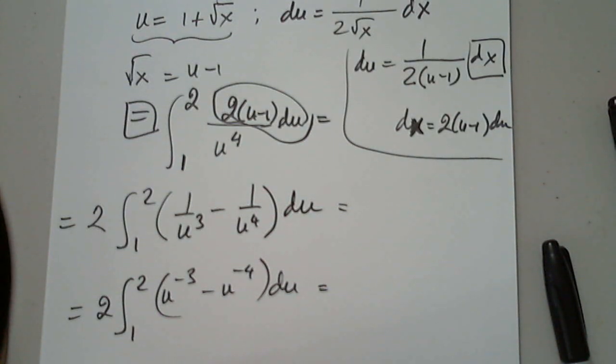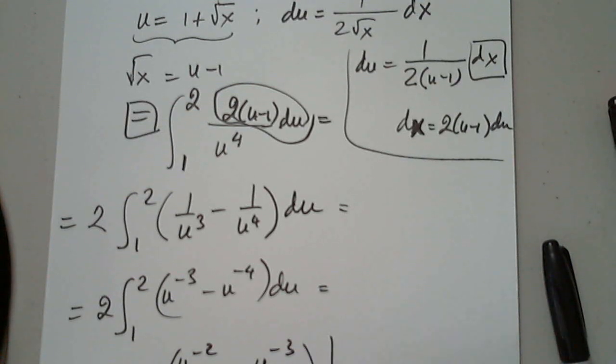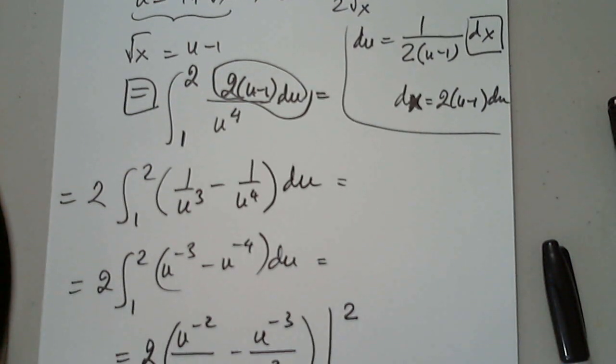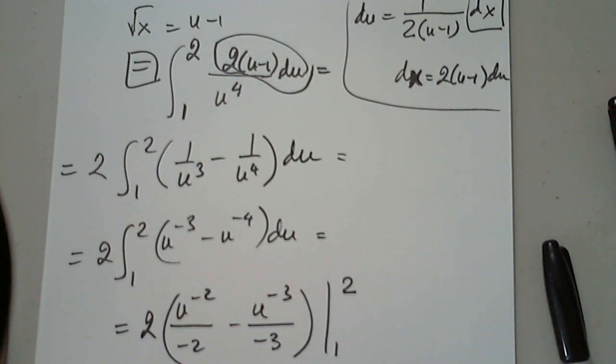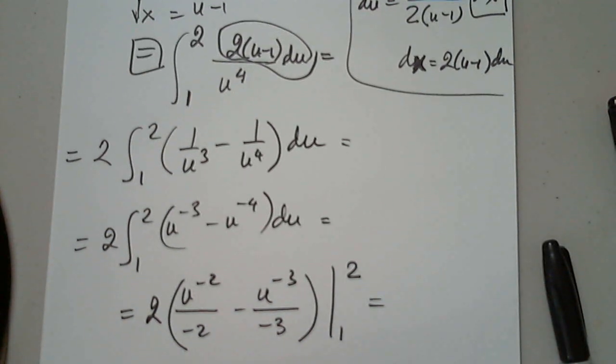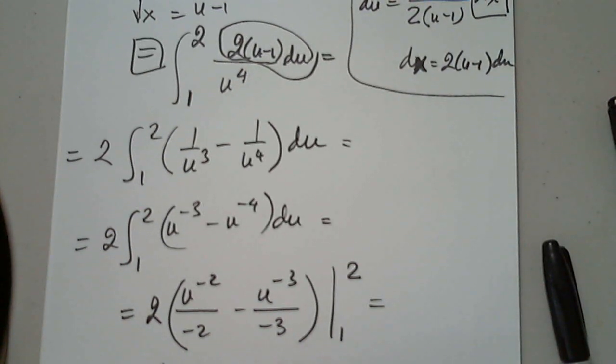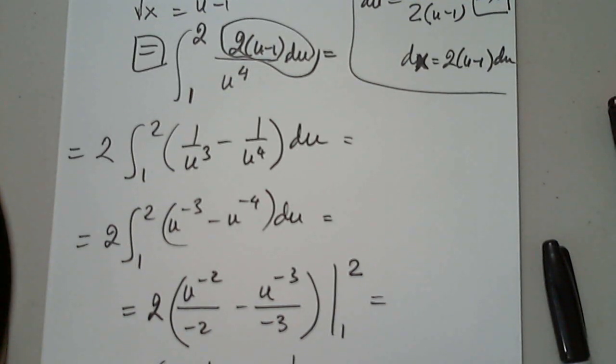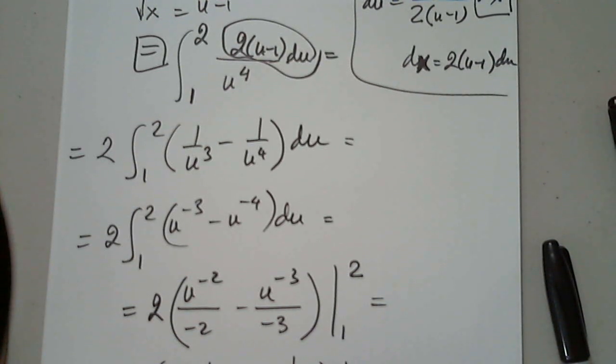So then I have 2, u to negative 2 over negative 2, minus u to negative 3 over negative 3, from 1 to 2. I'm going to simplify it a little further. So 2, negative 1 over 2u squared, plus 1 over 3u cubed, from 1 to 2.